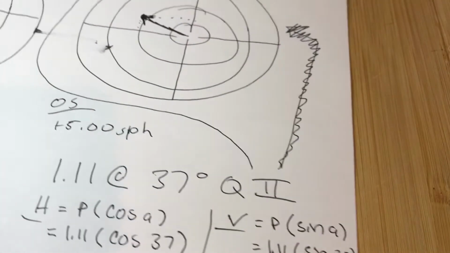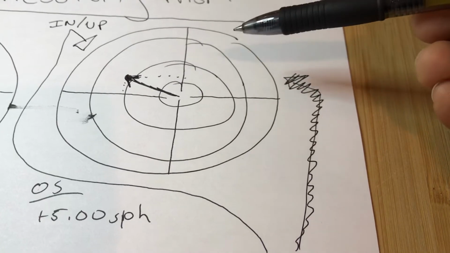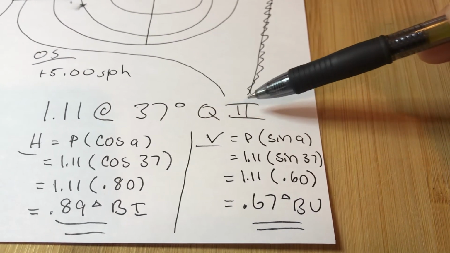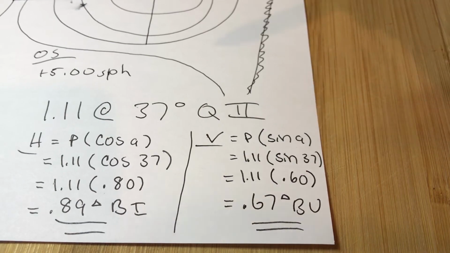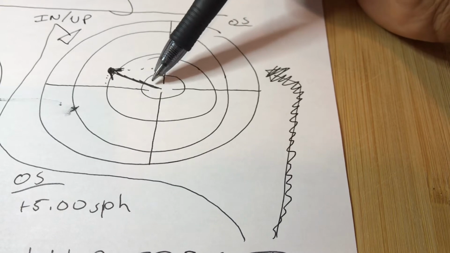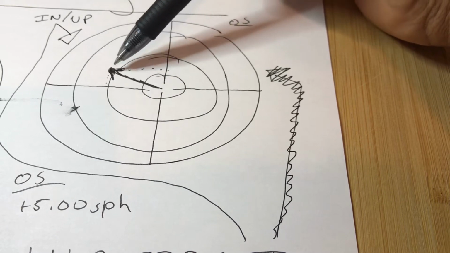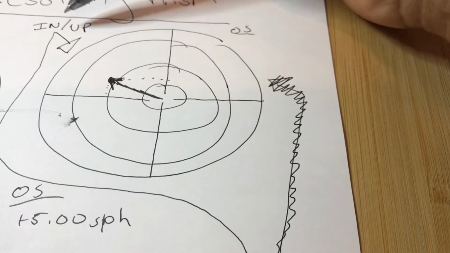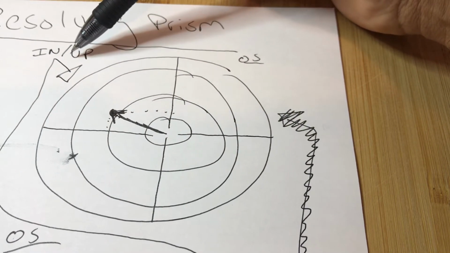Left eye, we've got 1.11 at 37 quadrant 2. Quadrant 2, in a left eye, if this was 0.51, this would be about 1.11. It would have to be in and up.